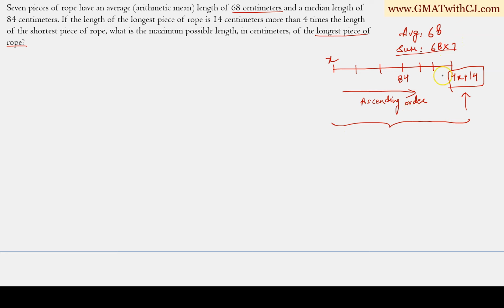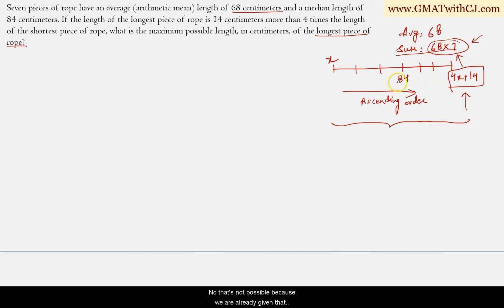So even if all the remaining 6 lengths are 0, the length of the longest rope cannot be greater than this. That is the maximum value of the longest rope possible if all the remaining ropes are 0 in length. But can the remaining 6 ropes be of 0 length?